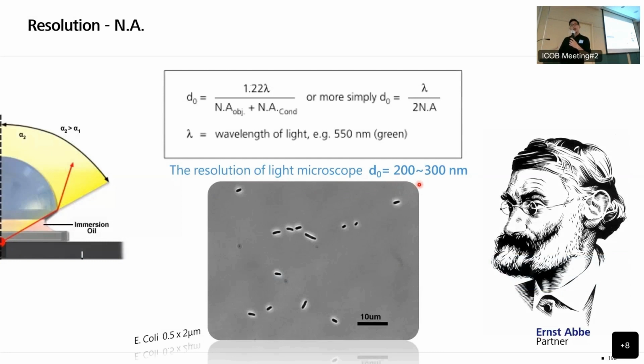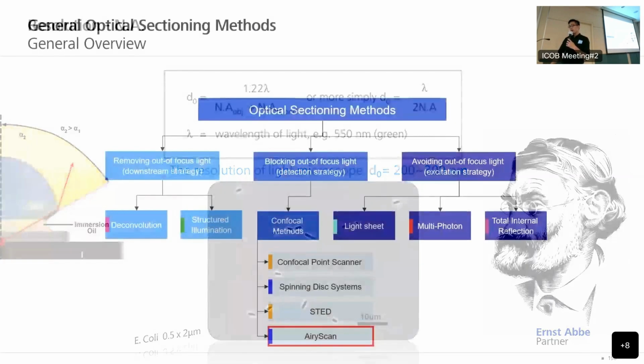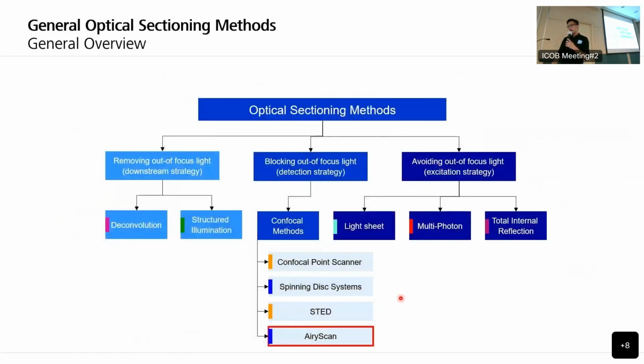We want to have super resolution, so we can observe the two layers of mitochondria, or see the subcellular organelles much more clearly. That's why we apply several other techniques, and one is called Airyscan.